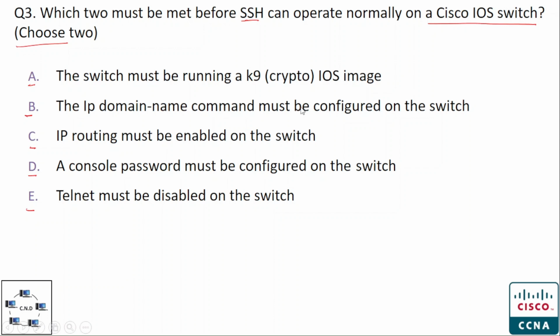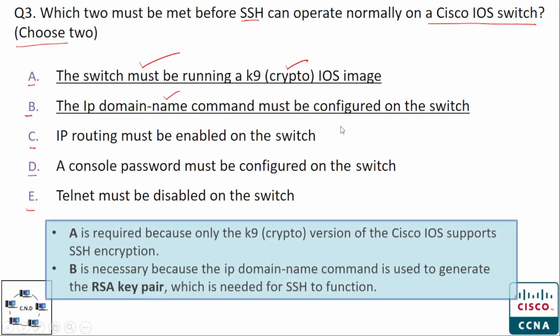The correct options are: in order for SSH to operate on the Cisco IOS switch, the first is that the switch must be running a K9 crypto IOS image that supports SSH. And the second correct option is that the IP domain name command must be configured on the switch.